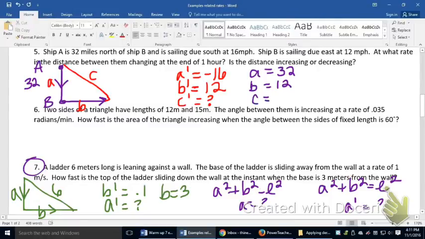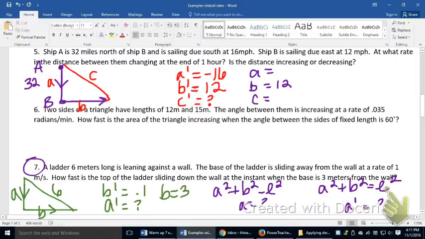To find C, again, I'm going to do Pythagorean theorem. I realize that on A, it's really not 32. It does tell me it's 32, but because it says at the end of an hour, where is it? Then I have to do like I did on the B. The A was traveling at 16 miles per hour. It was at 32.